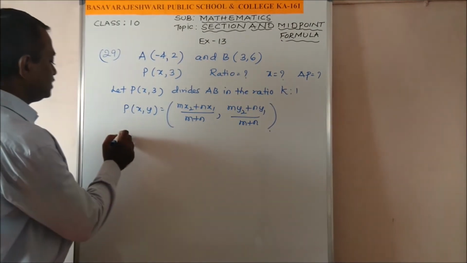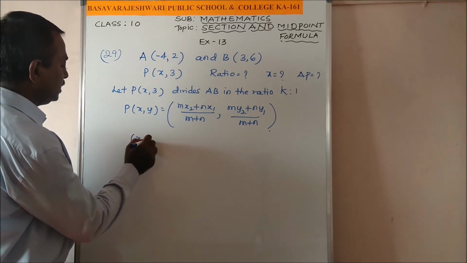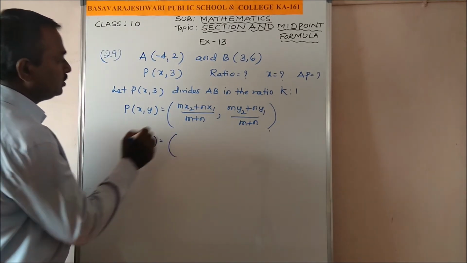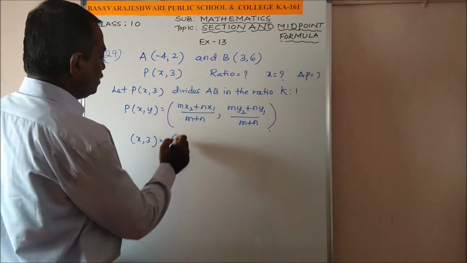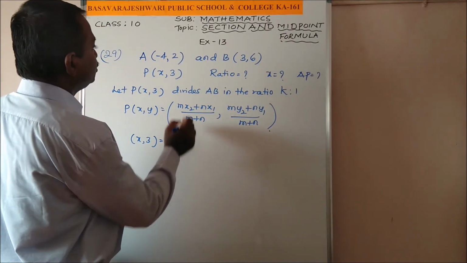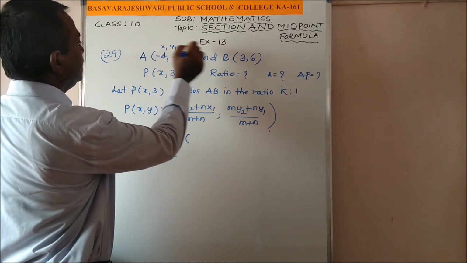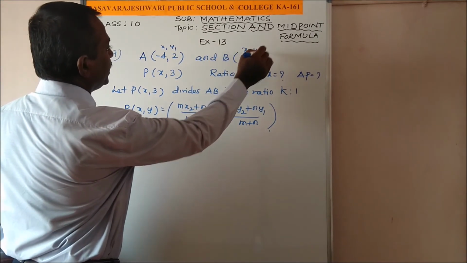Substitute the values. So P we know (x, 3) is equal to mx2 plus nx1. M means we know it is k. This is x1, y1, this is x2, y2.